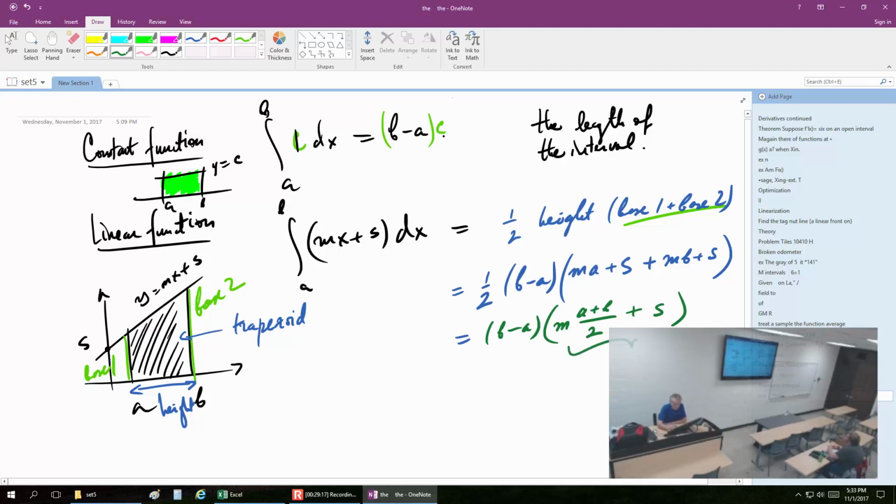Do you see what this is? I'll note this is the same formula, mx plus s, except I substituted in it a plus b over 2. What's the meaning of a plus b over 2?